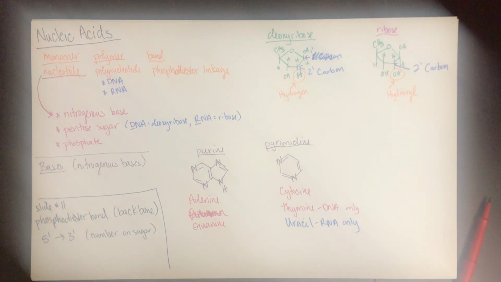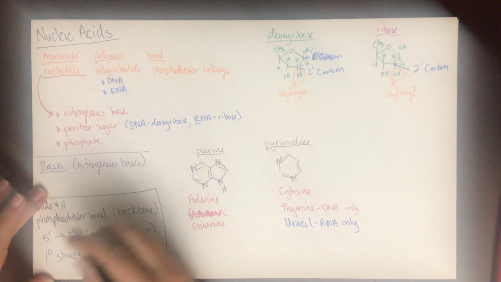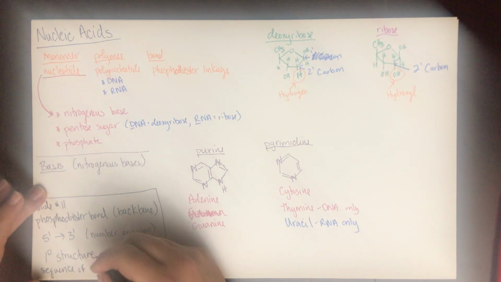If you look at page 11, you'll see how these are linked together, and it goes in a 5' to 3' direction. And we write the DNA in the sequence of the order of the nitrogenous bases. This would also be considered primary structure. It's just the sequence of bases.